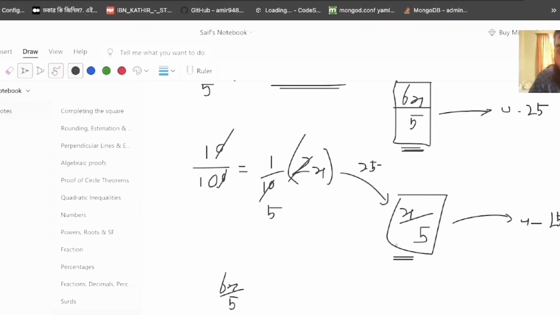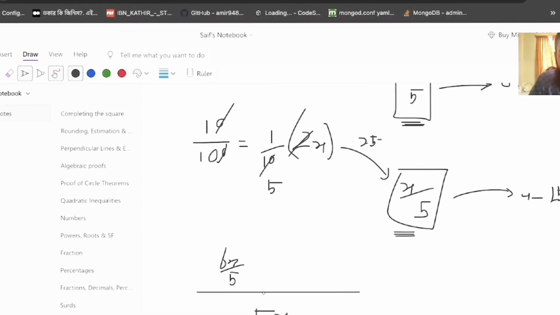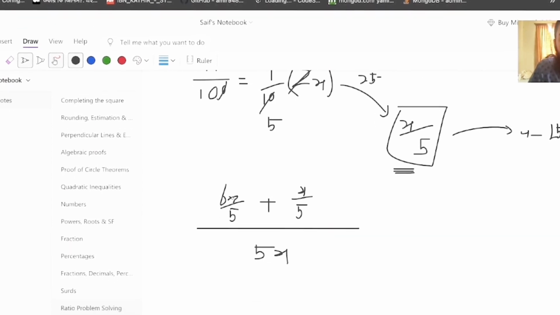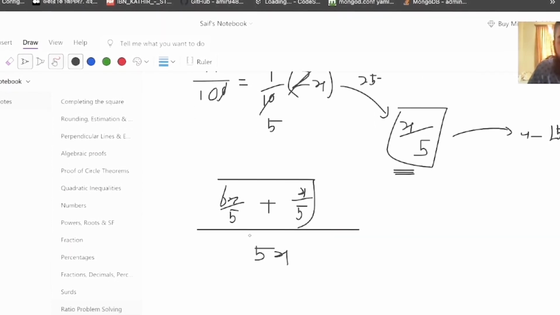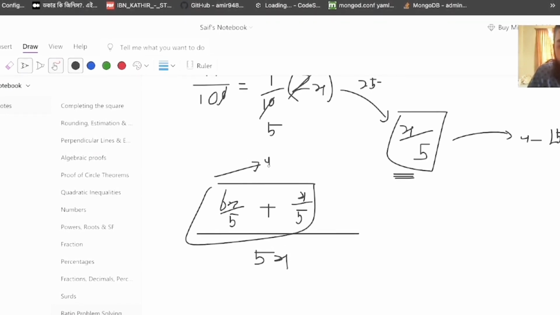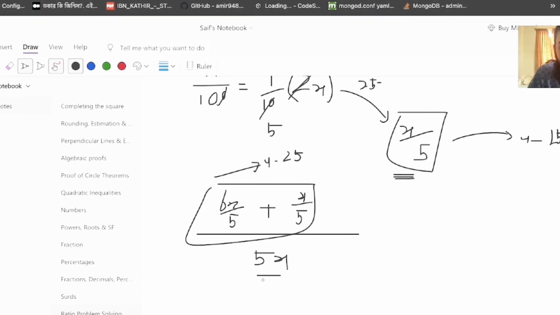The number of women under 25 is x by 5. So if I add this, this is the ratio of the number of people who are under 25 to all the people. This is the total number of people.